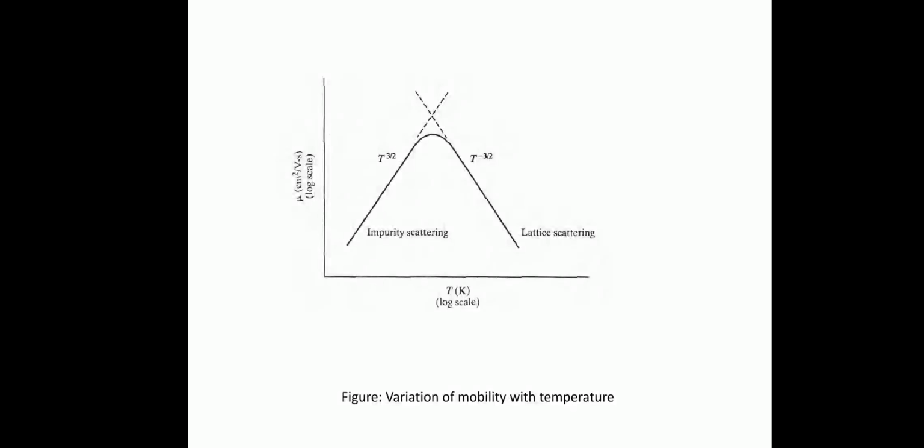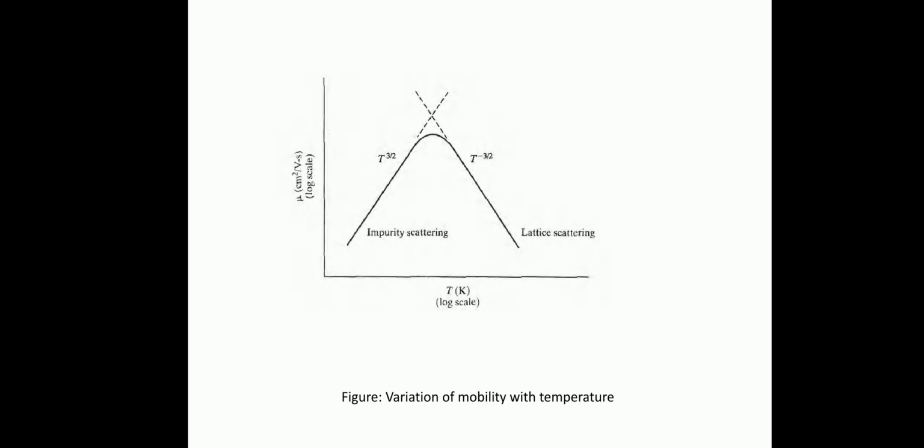So we can see in the figure the variation of mobility with temperature. In the x-axis we are taking temperature in Kelvin. Remember we are taking log scale, and in the y-axis our mobility, that also in log scale. At low temperature the predominant mechanism is impurity scattering, and its temperature dependency is T raised to 3/2, and that of lattice scattering, which is predominant at higher temperature, is T raised to minus 3/2.